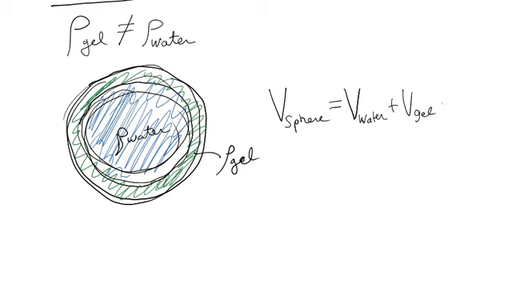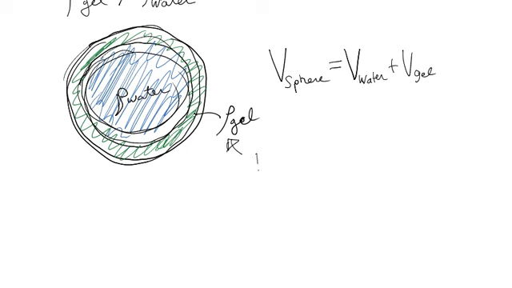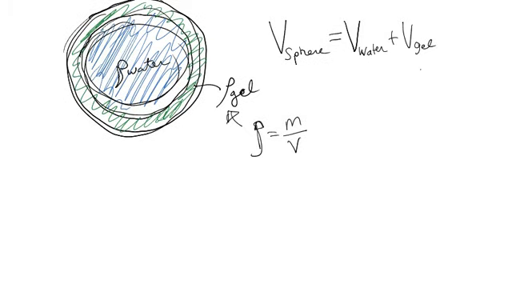So from this, we need to figure out how we could calculate the density of the gel. Okay, well, we know that the density is defined as the mass of something over the volume of something. And so we can just replace volume of gel with, if we move this equation around a little bit, volume is equal to mass over density.